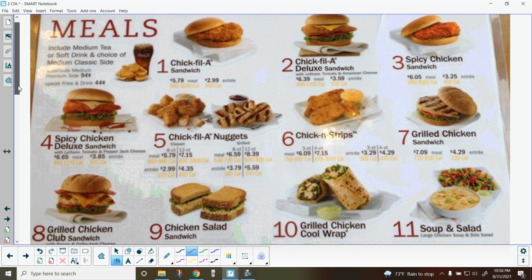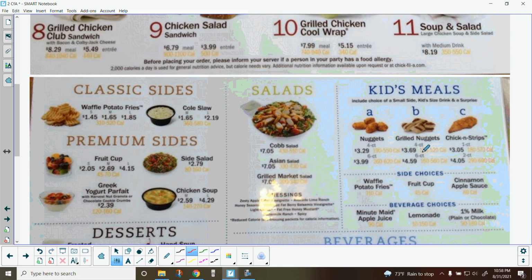Our grilled nuggets are right here. We got a 4 count and a 6 count. So those are two options there. Since we're on the menu, the salads right here, Cobb, Asian, grilled market. So we have three of those. And then when it came to the coleslaw, we had a medium and a large.